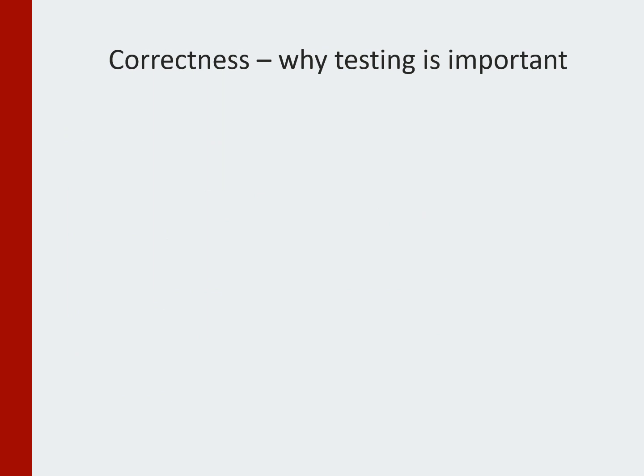Now that we understand a little bit better what I mean by preconditions and postconditions, let's talk about a program's correctness, and also this is indicative of why testing is important.